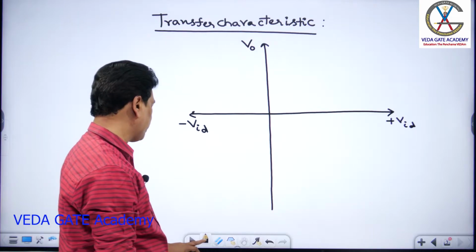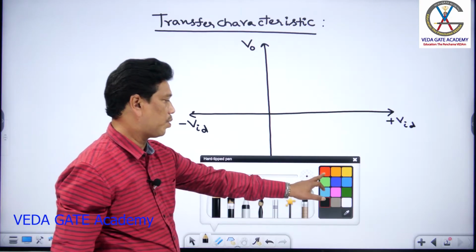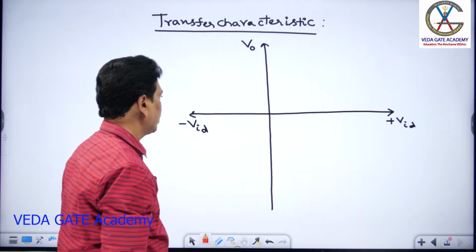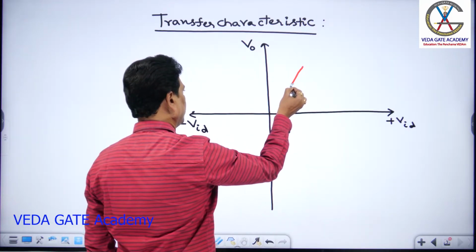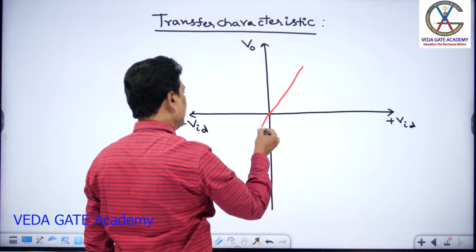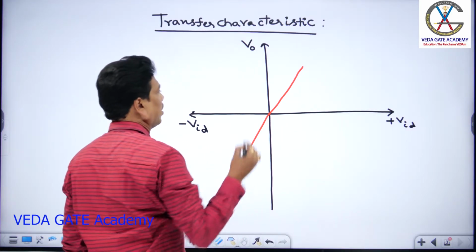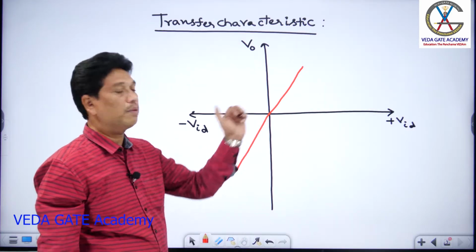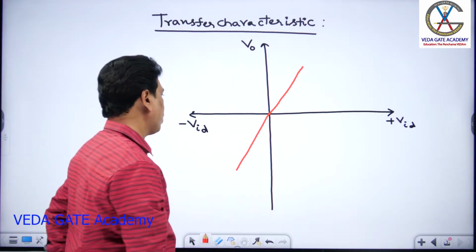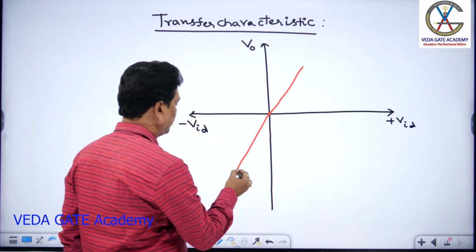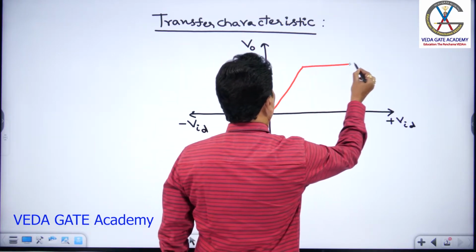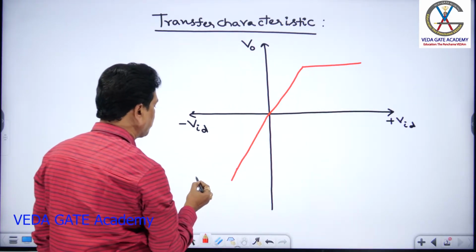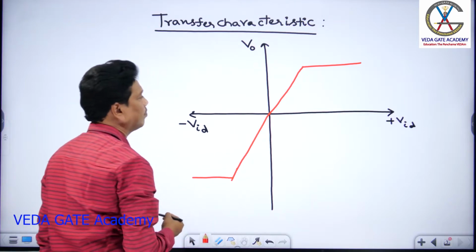Now if I draw the transfer characteristic, output versus differential input, the graph may come like this. Up to a certain area, the graph looks like a straight line, that is linear. After that, you can expect it to flatten like this. So this is the transfer characteristic of the op amp circuit.